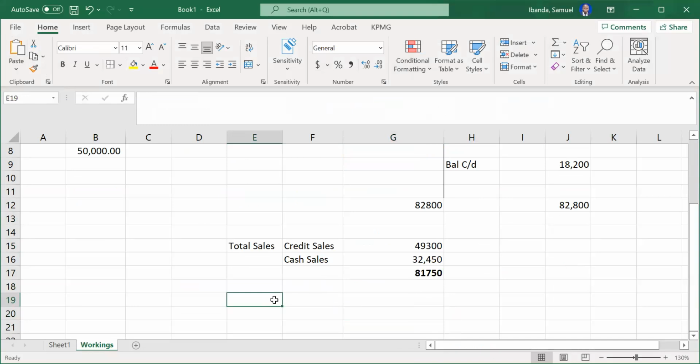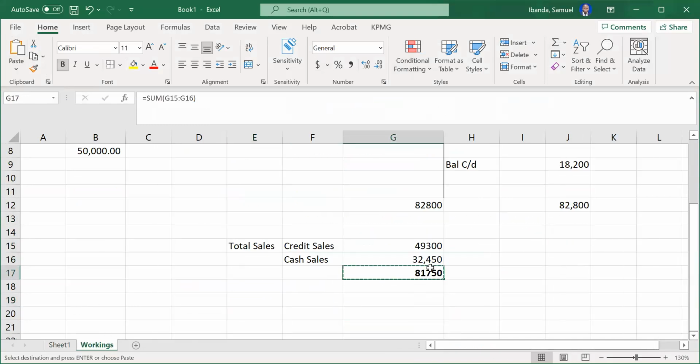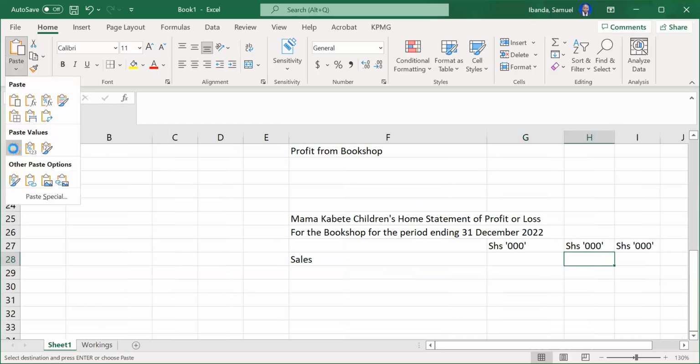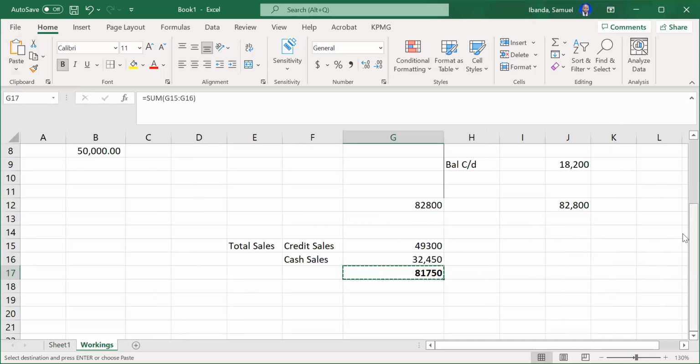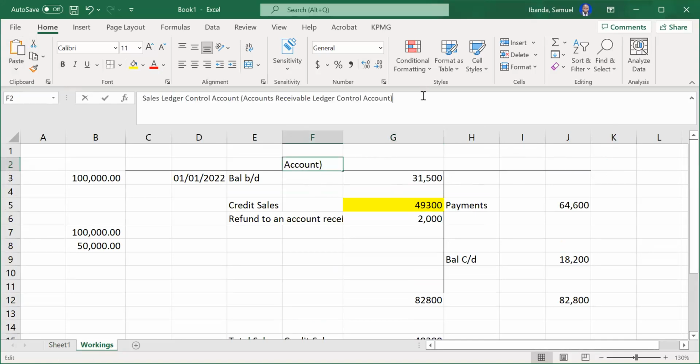Then I'll come and record my sales value here. But these figures are in thousands, so I'll record my sales in the second column. Very important to put your degree of precision, or put it on the heading and say these amounts are in shillings, thousands.